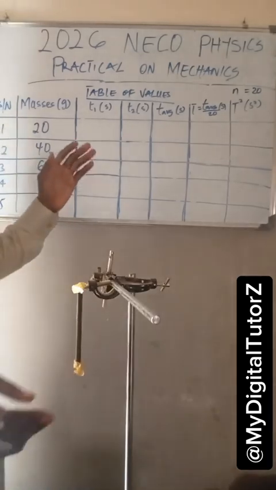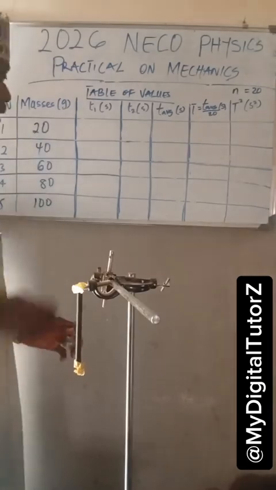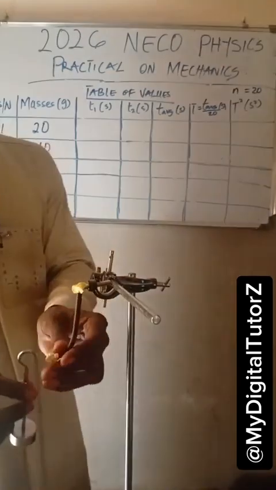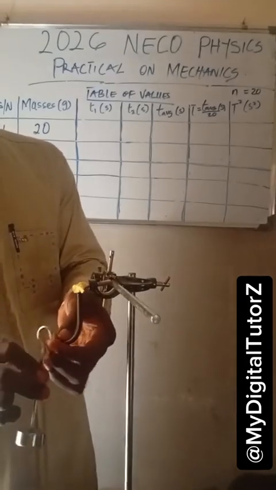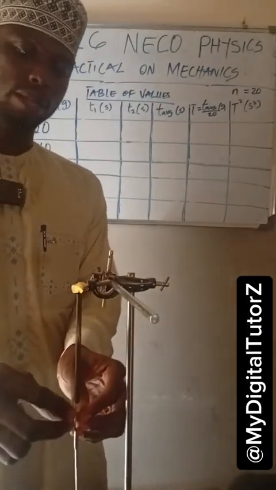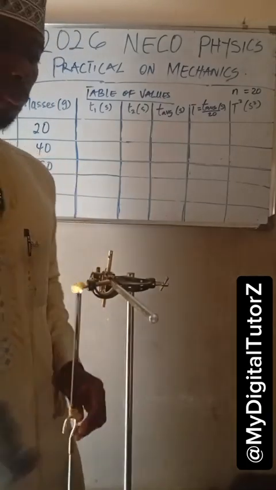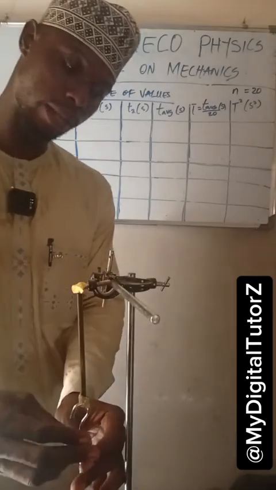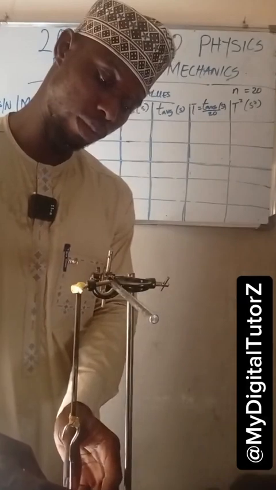The first thing you do is to hang the hanger on the spring, then slot your first mass, which is 20 grams.